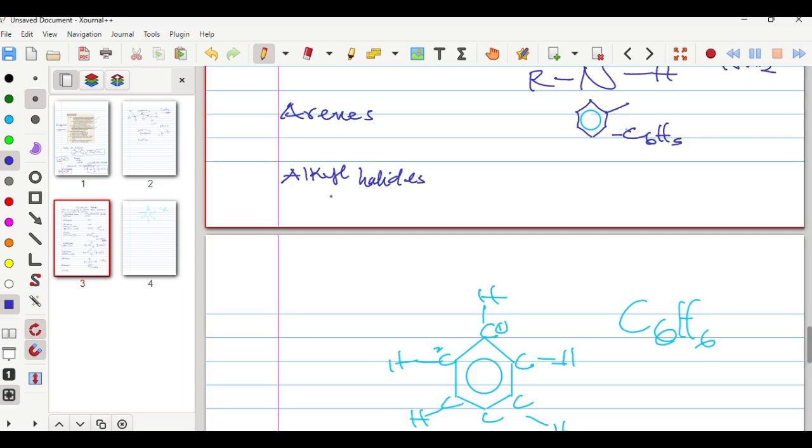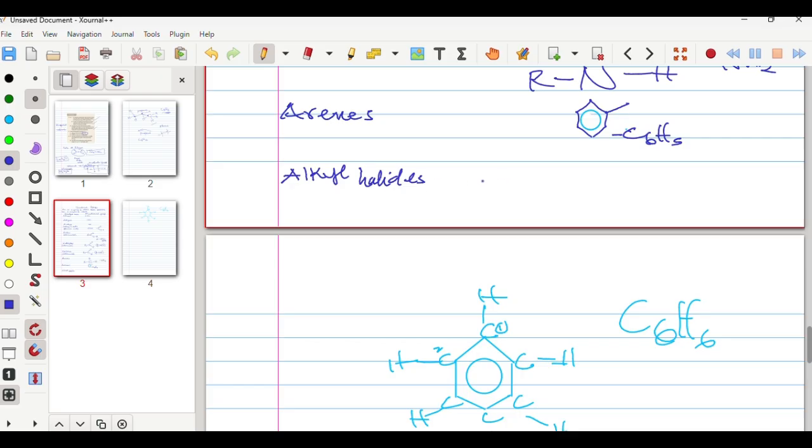It's easy. As I say, alkane minus one hydrogen atom is an alkyl. And then we now have halides beside it. This should make sense.